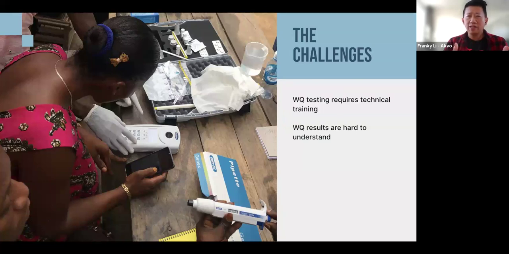And so that's one of the challenges. We want the citizens to be involved in doing the testing, in seeing the results for themselves. But at the same time, it's not very straightforward in terms of doing the actual tests. And also there's a wide spectrum in terms of the background of the citizens and their abilities. And so that's one of the challenges.